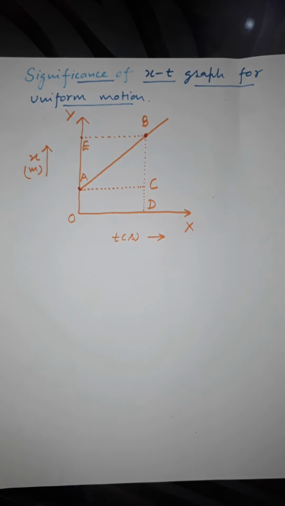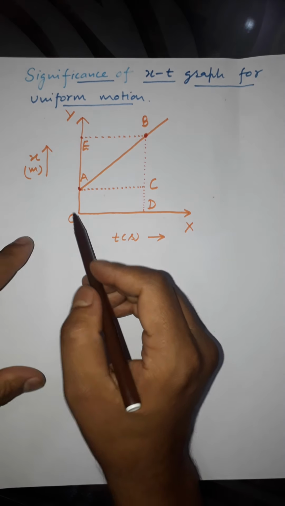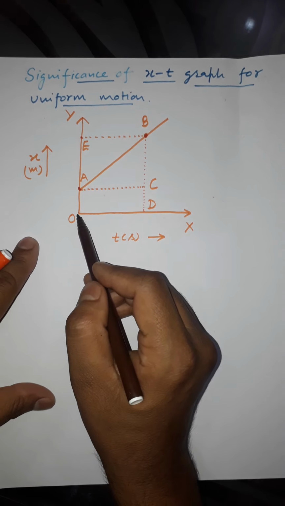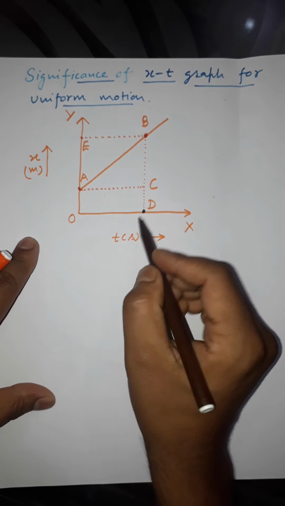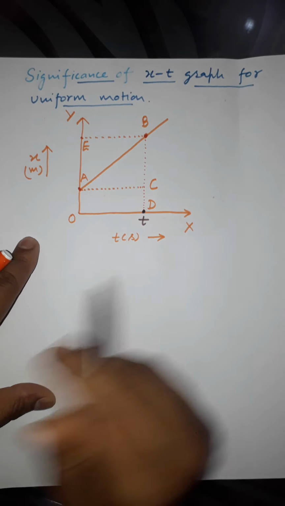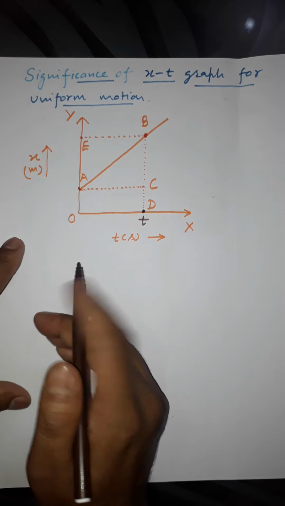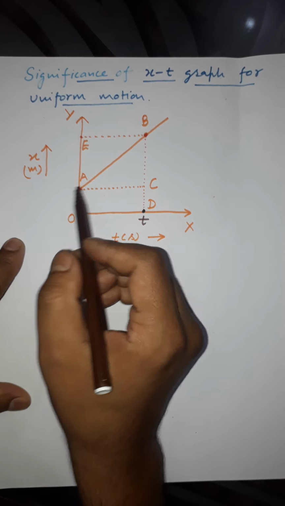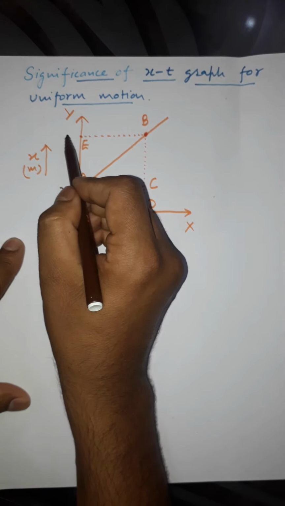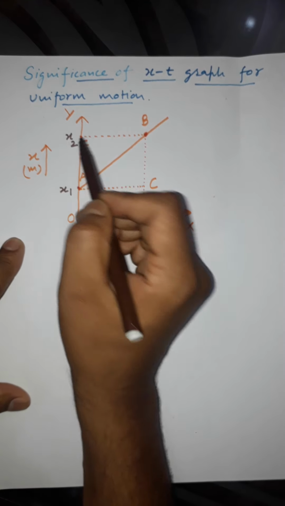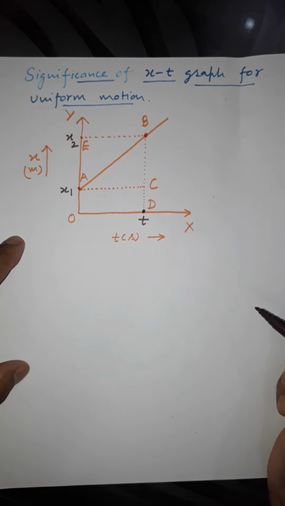Now let us mark the time and distances here. So at the origin O, time is 0, and after that we see at point D consider time is t seconds generally, right? At point A suppose distance is x1 and at point E suppose distance is x2.